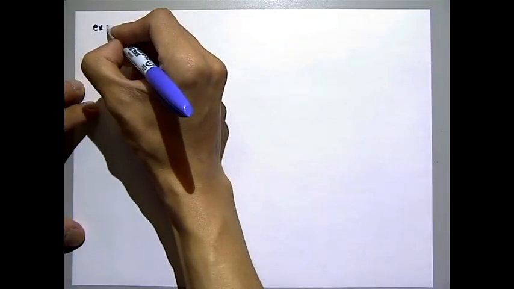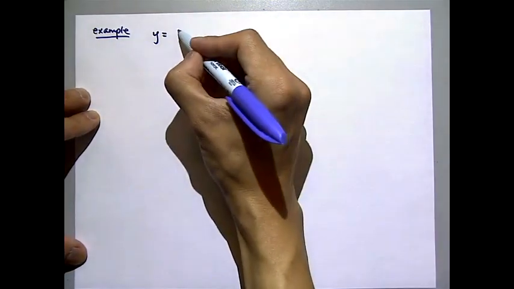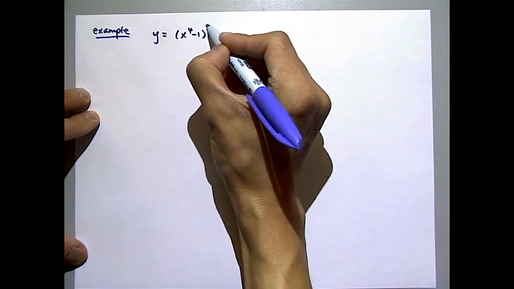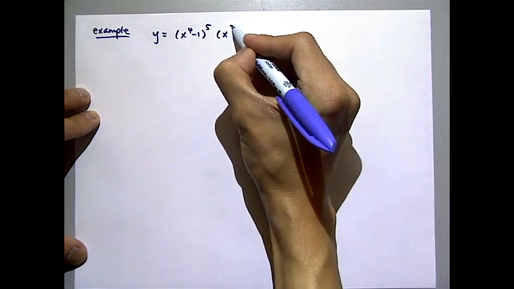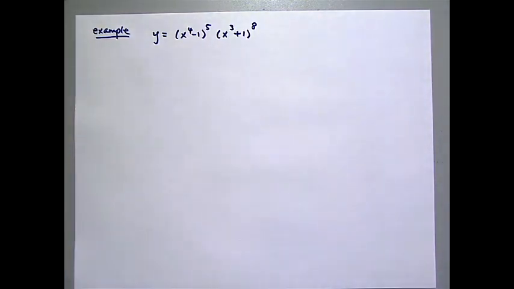This next one is a situation where we have to use the product rule to start, but then we have to have chain rule buried in after we started with the product rule. So it looks kind of complicated. We have x to the fourth minus 1, the whole thing raised to the power of 5, times x cubed plus 1, the whole thing raised to the power of 8.